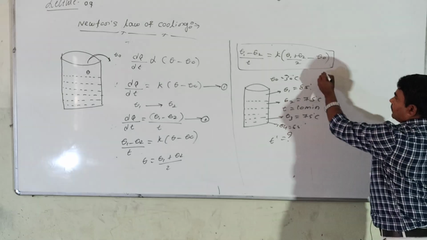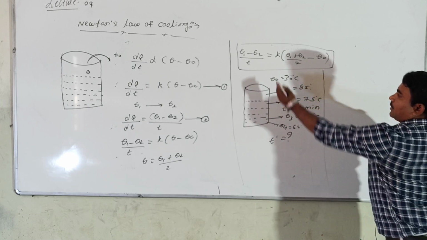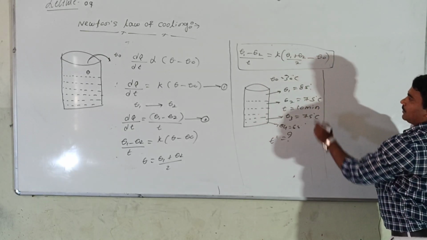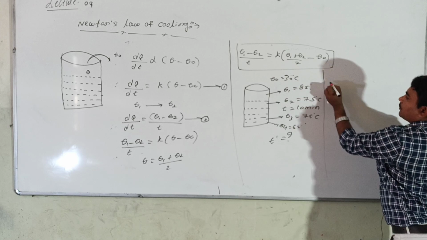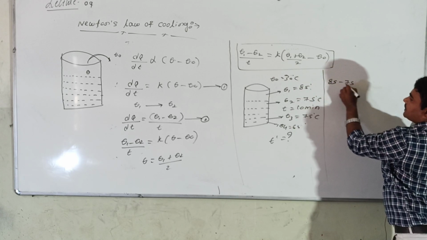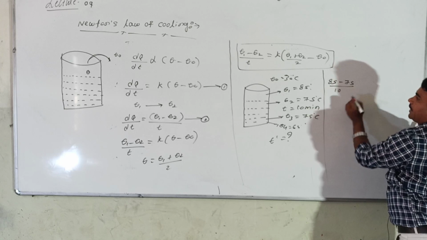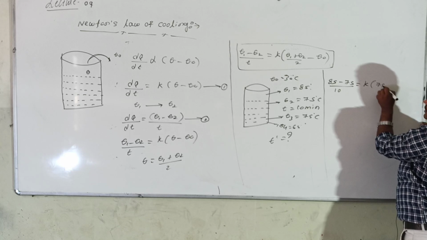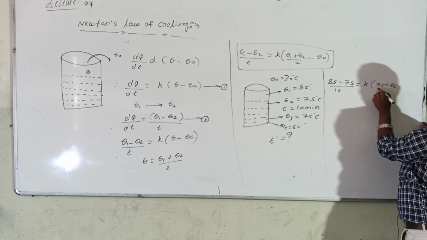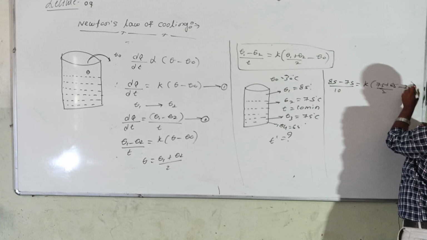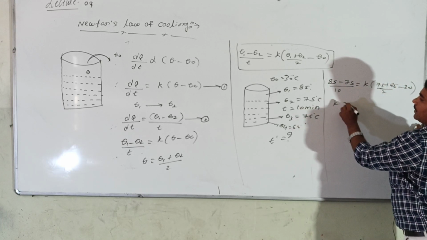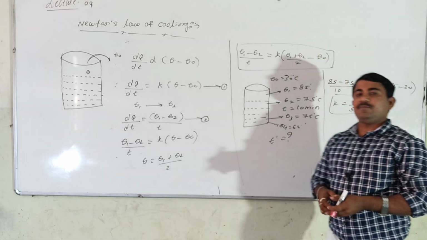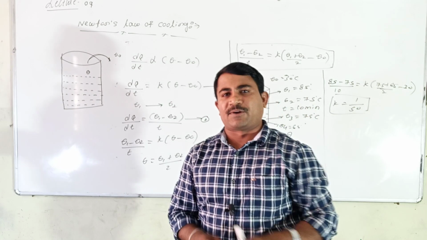Theta 1 is 85, theta 2 is 75, t is 10 minutes. (Theta 1 minus theta 2) divided by time, (85 minus 75) divided by 10 minutes, equals k, which is a constant I don't know, into (85 plus 65) divided by 2 minus theta naught, which is 30 degrees. Then from this, k is equal to 1 by 50. You solved k now, for theta 1 and theta 2.